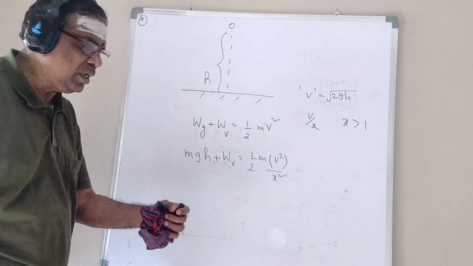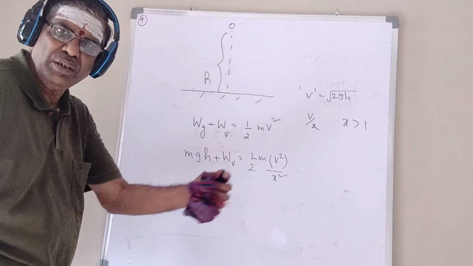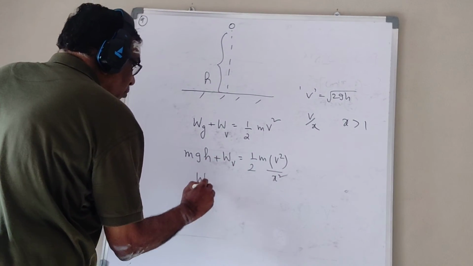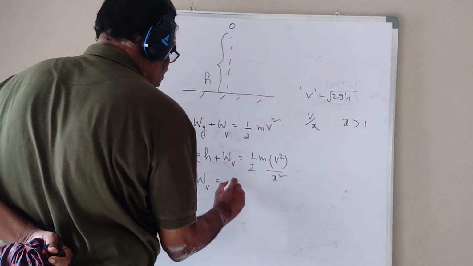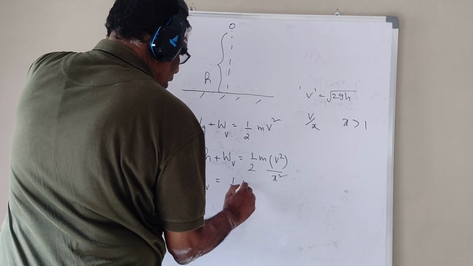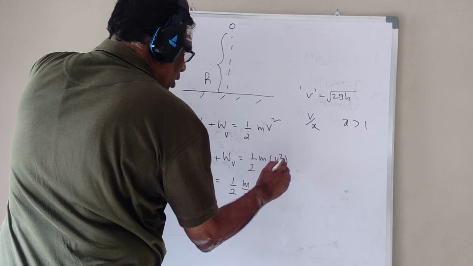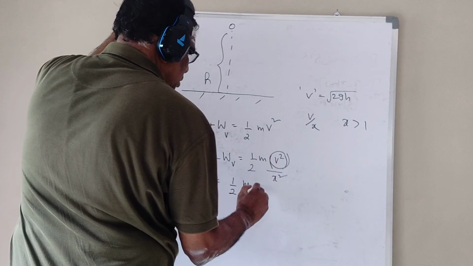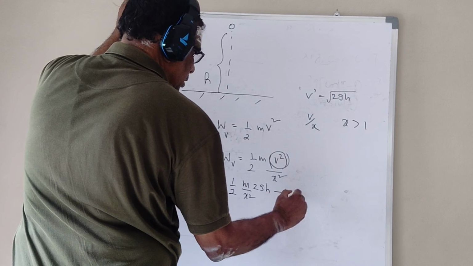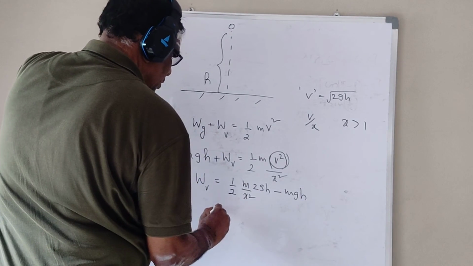It is striking only with the v by 2, v by 3, v by 4, something like that. So the work done by viscous forces is half m v square by x square, but v square is 2gh, minus mgh.